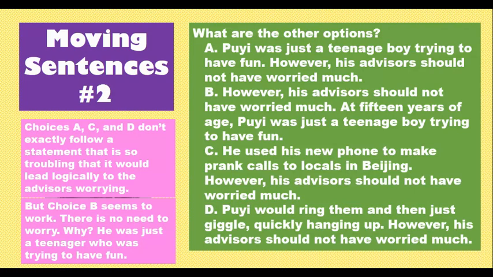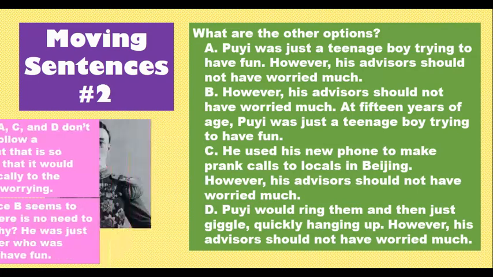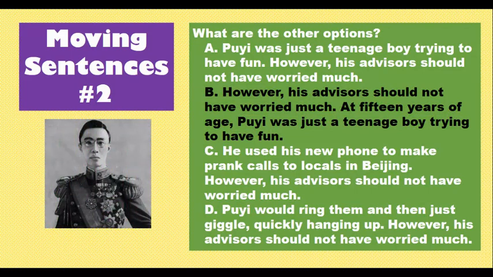So right now, where it's placed, at the very beginning of the paragraph, it says, at 15 years of age, Pui was just a teenage boy trying to have fun. However, his advisor should not have worried much. Doesn't make a lot of sense. So I know A seems very tempting, but B makes a lot of sense. Think about if I go with the B choice and put it right before sentence one, now you're kind of carrying over from the previous sort of thought.